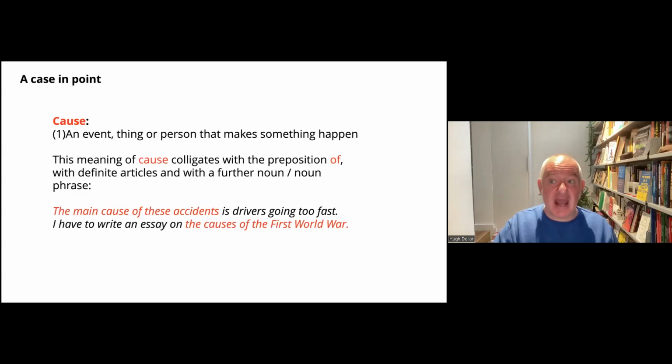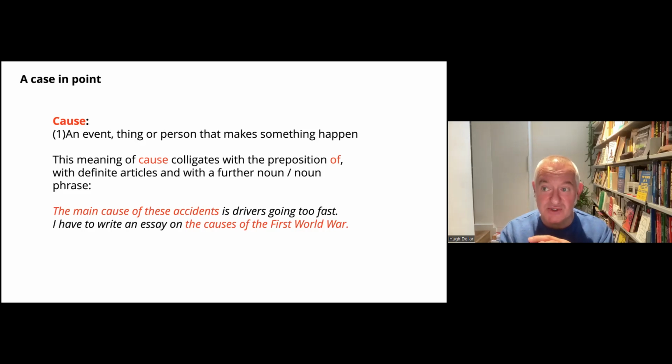Say you take the noun cause. If you look it up in a dictionary, it will tell you the most common meaning of cause is an event, thing, or person that makes something happen. This meaning of cause has particular colligations.